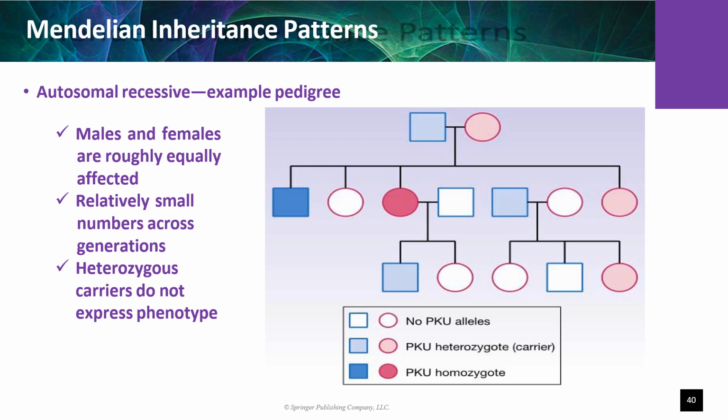For genes with an autosomal recessive inheritance pattern, individuals with one copy of the mutated gene are carriers, meaning they carry the gene and can pass it to their children. Examples of this are cystic fibrosis, PKU, sickle cell anemia, and Tay-Sachs disease.